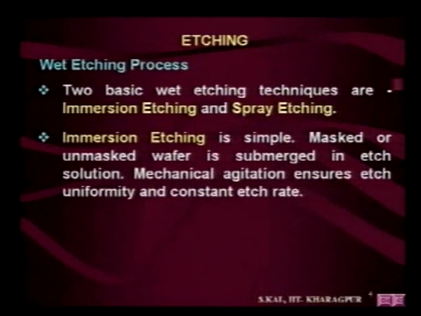When the masked or unmasked wafer is submerged in etching solution, the etch solution will react with the unmasked region of the film, and this reaction will be promoted by mechanical agitation. If you give some mechanical agitation during wet chemical etching, the etching will be uniform over time.